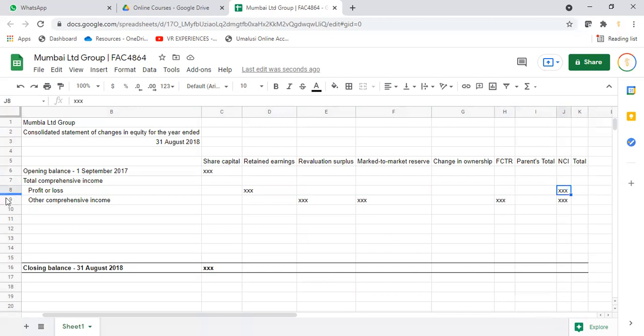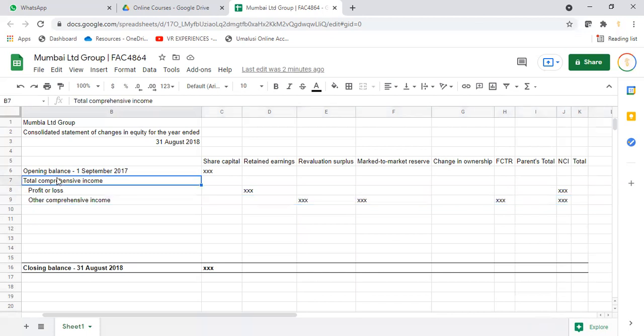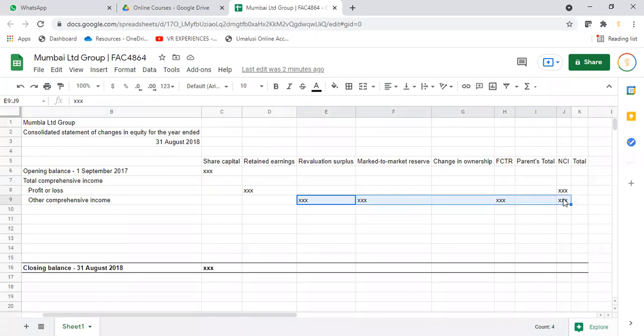But for other comprehensive income, you can't, because the income statement is not splitting up other comprehensive income; it is splitting up total comprehensive income. So to get to other comprehensive income, you have to say total comprehensive income minus profit or loss. Picture the income statement and that split at the bottom. We don't split other comprehensive income, we split total comprehensive income. So you must not take total comprehensive income to this line. You need to take other comprehensive income to this line. Just be aware of that.